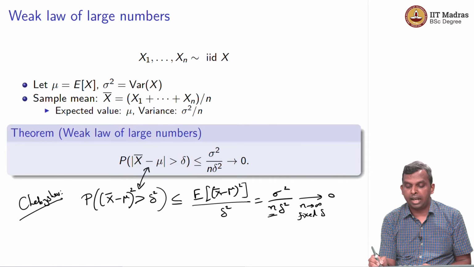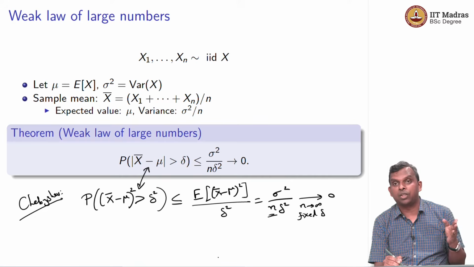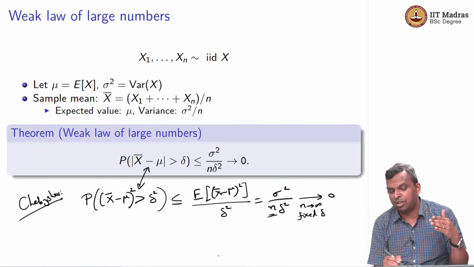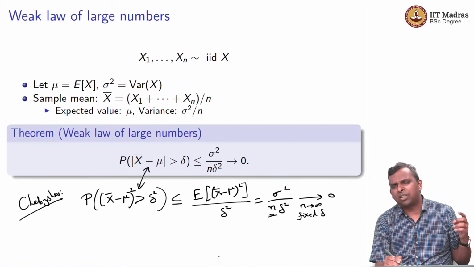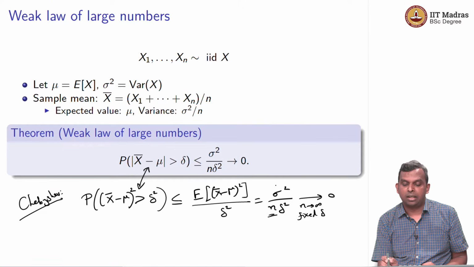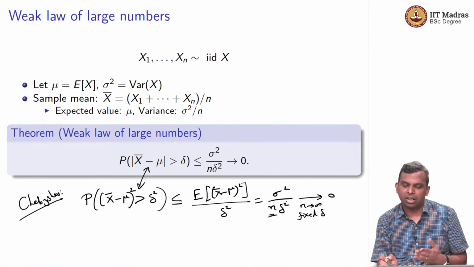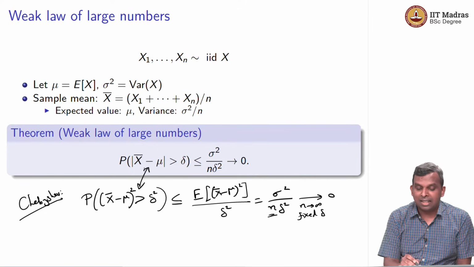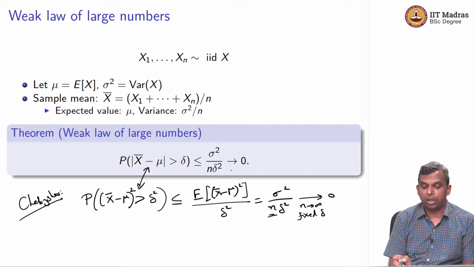Delta could be anything you like, 0.001 or 0.000001. I can always go to a very large n so that it swallows however large 1 by delta squared is and makes it 0. Sigma squared of course needs to be finite for this particular proof. That is the meaningful result here.